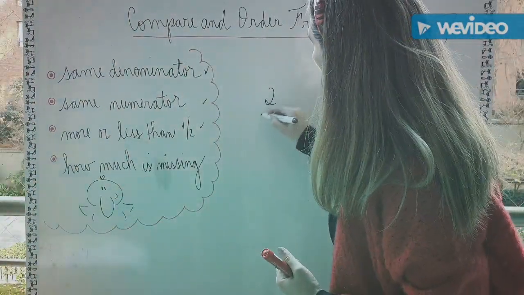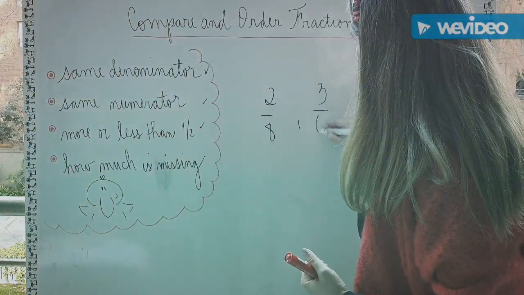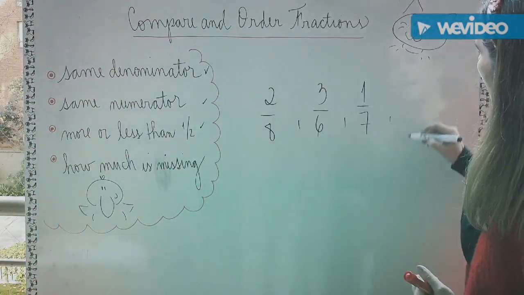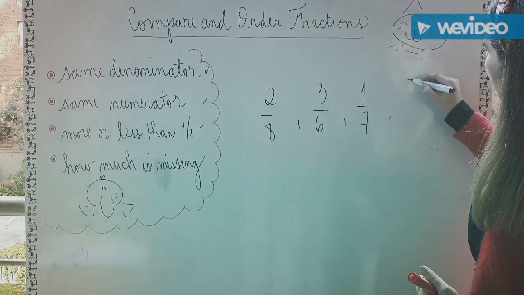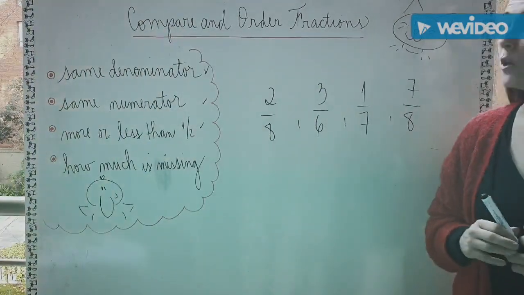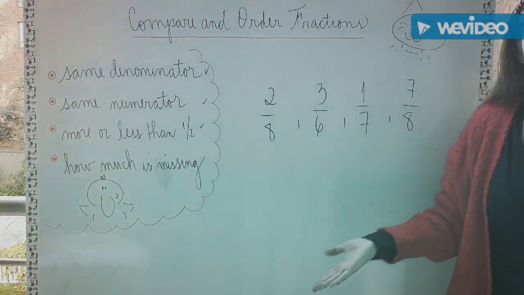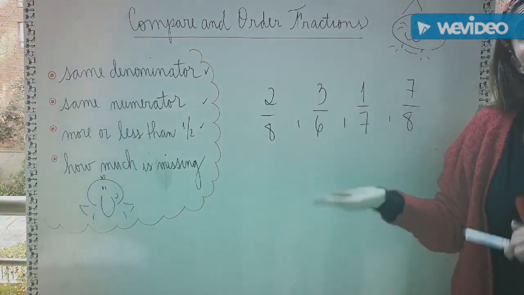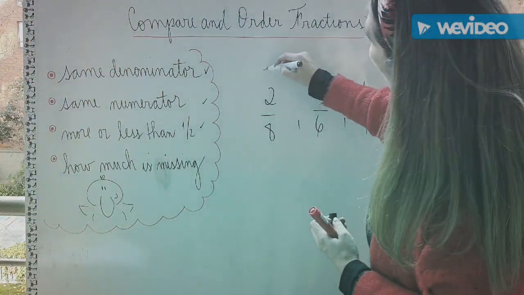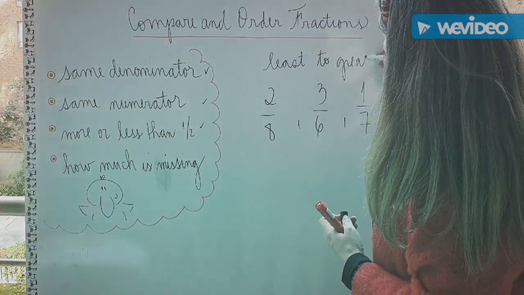So, 2/8, 3/6, 1/7, and 7/8. The first step when you are ordering numbers is to know how you are going to order: from the smallest to the greatest or from the greatest to the smallest. So let's say we want from least to greatest.